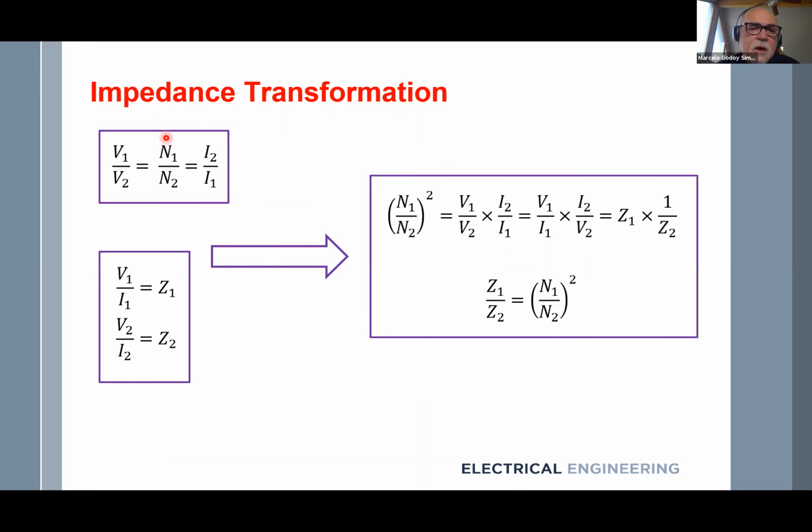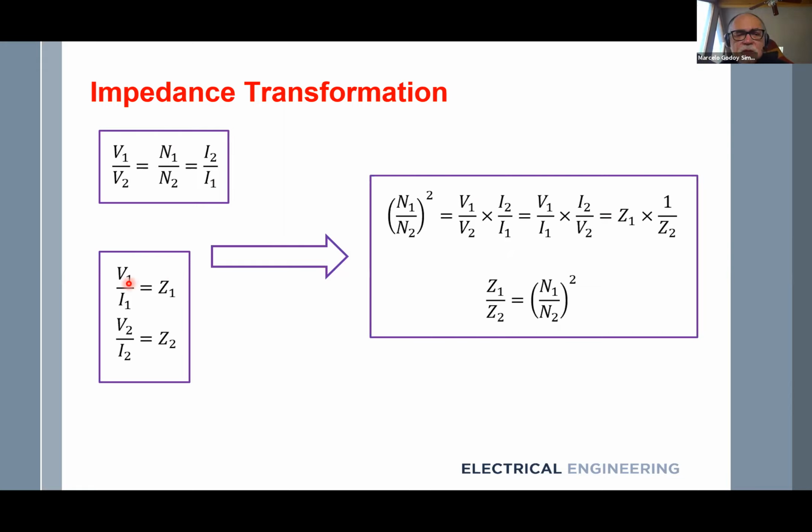Look, we know that for an ideal transformer, V1 is to V2 the same as N1 is to N2. So there is a direct relationship, which is the inverse of I2 is to I1. So how do I define impedance on the transformer, not on this circuit?